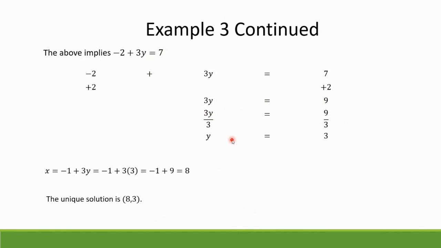But that's in a sense the hard part, because we know what x is in terms of y. x is negative 1 plus 3 times y. So x is actually negative 1 plus 3 times 3, which is negative 1 plus 9, which is 8. So the solution, the only solution, is this ordered pair. So this system is consistent, and the equations are independent, or linearly independent, same thing. All right. Any questions on that?